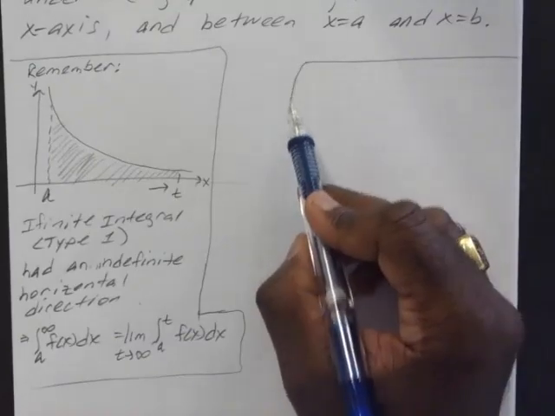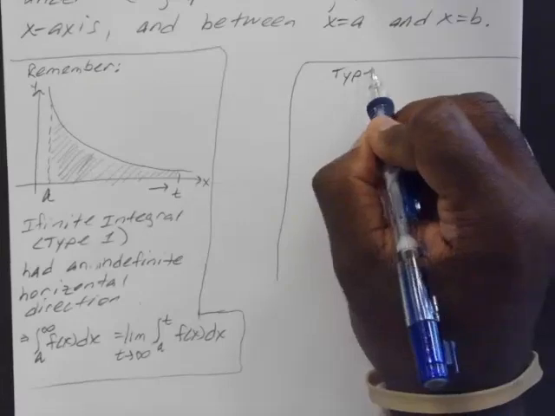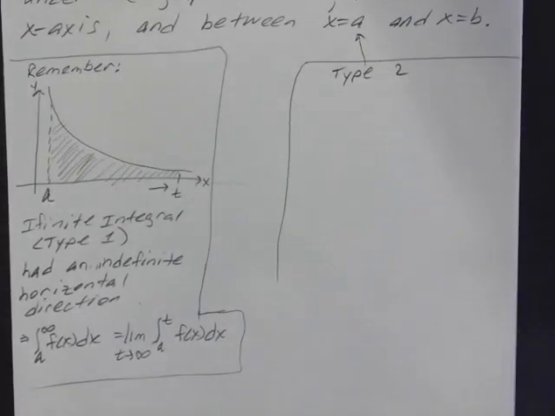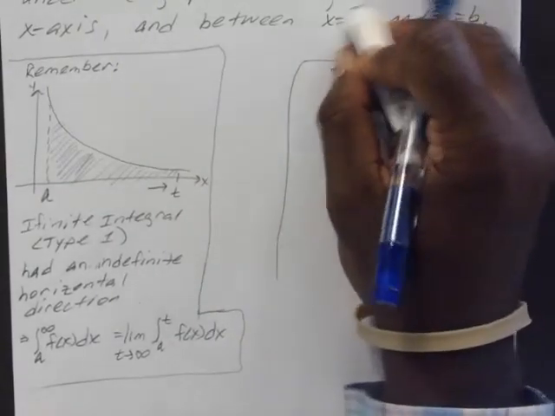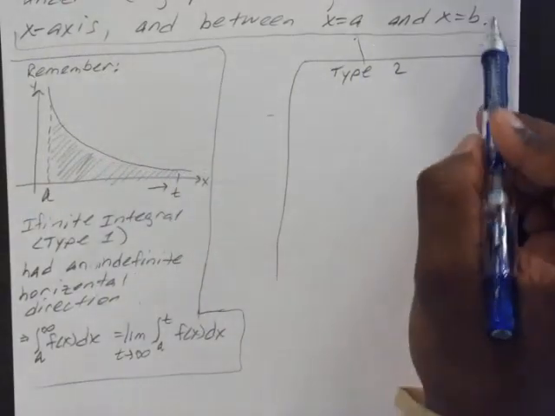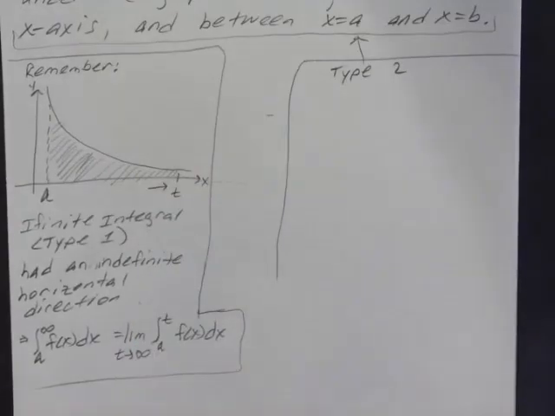Now this definition here is type 2. That's what this one's describing. Well, not just that particular point, but the whole thing. So I'll make that represent the whole thing.